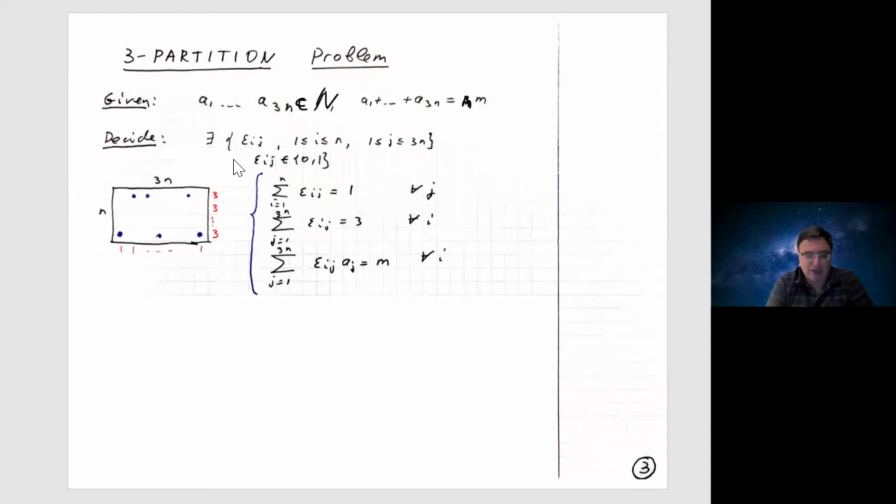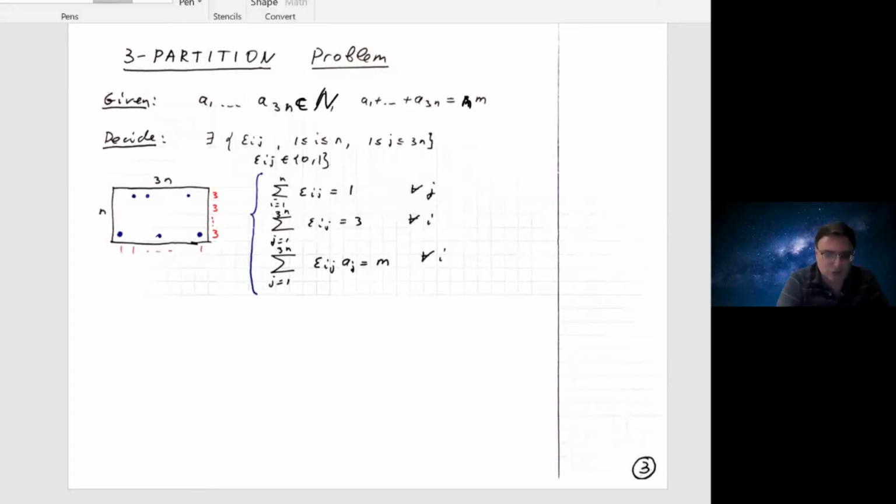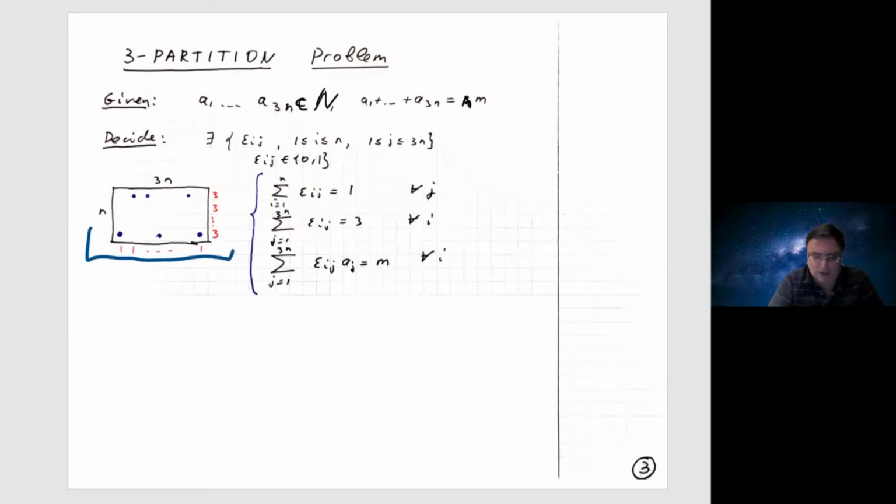And so this is really a question about finding a 0,1 matrix which looks like that, so that we have, in addition, the following set of equations, which are the ones that I told you: when you split into n triples, the sum in every triple is the same number m.